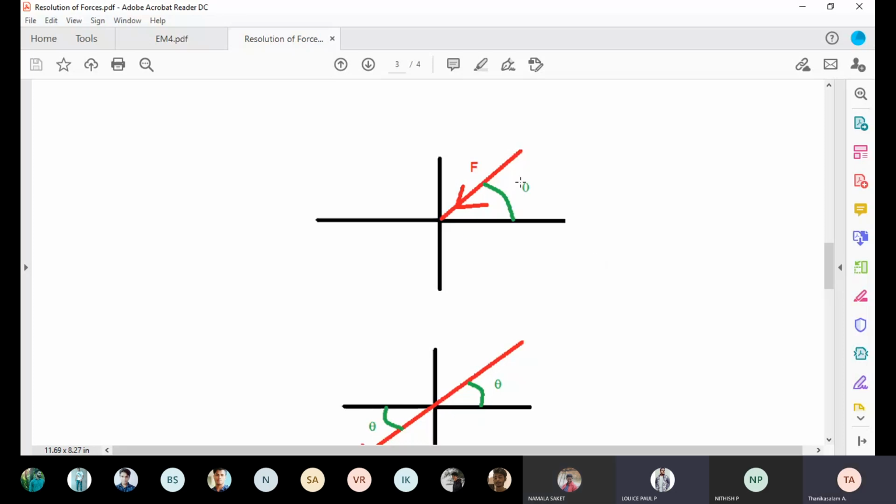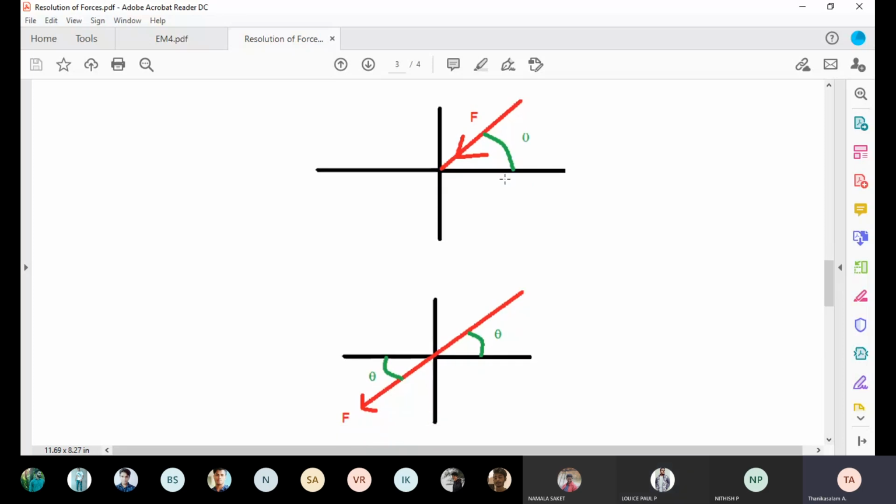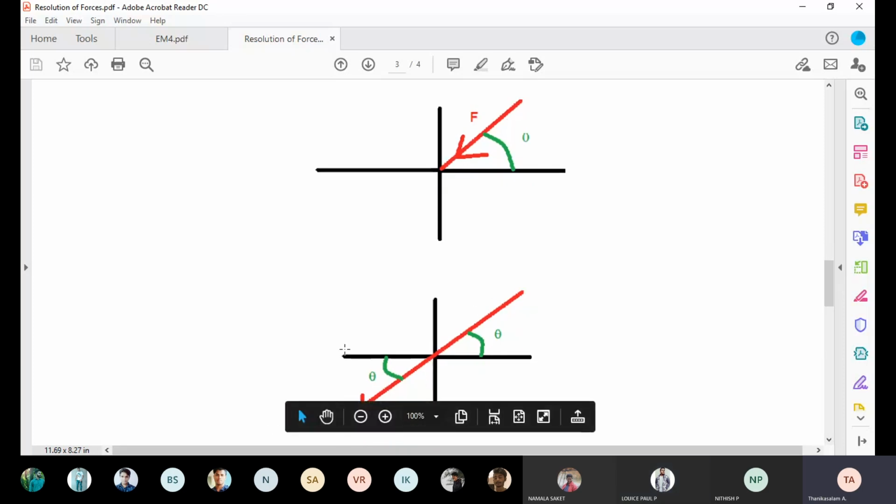You see the arrow mark? You see the arrow mark goes to the third quadrant. Yeah, excellent. Who is speaking? Louis Paul. Very good, excellent. Louis, see here. The diagram is given in the first quadrant, but the force goes to the third quadrant.